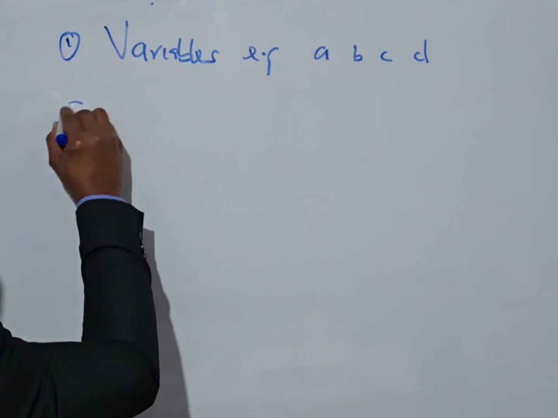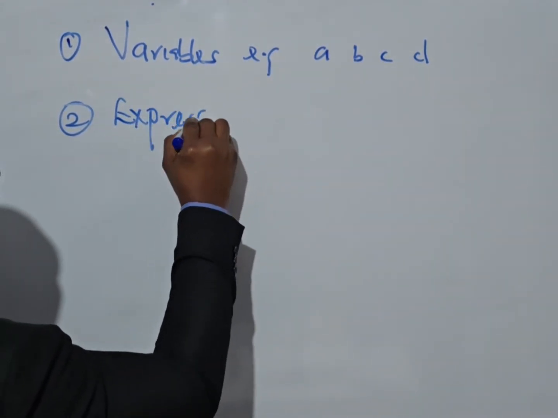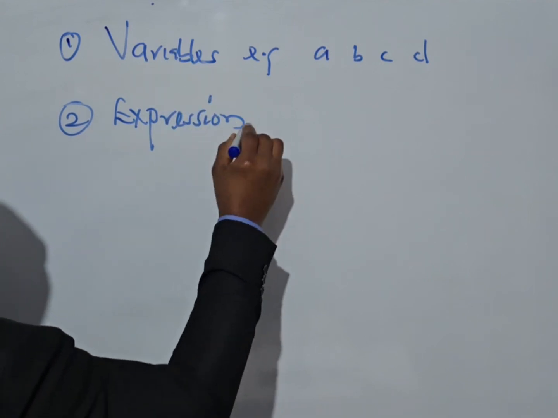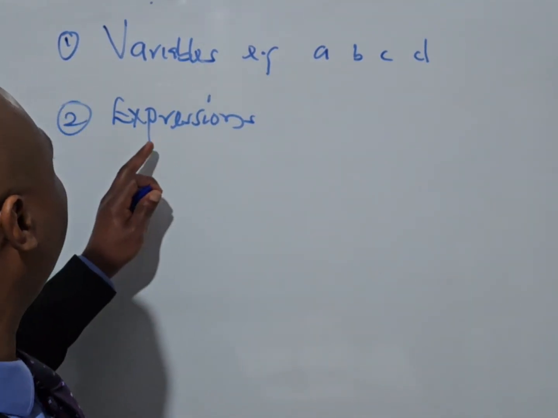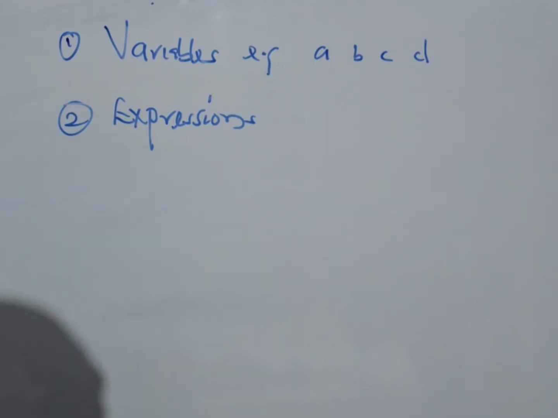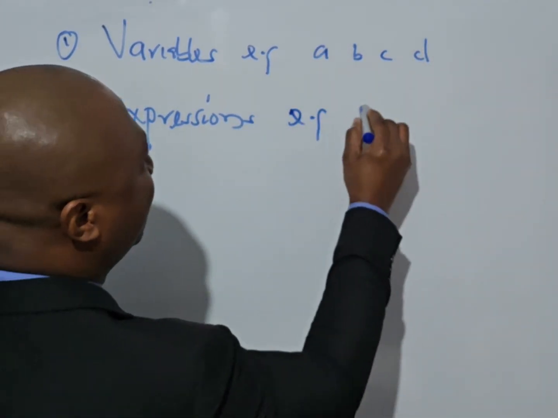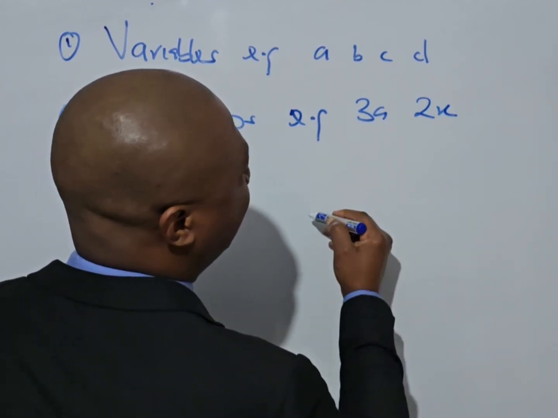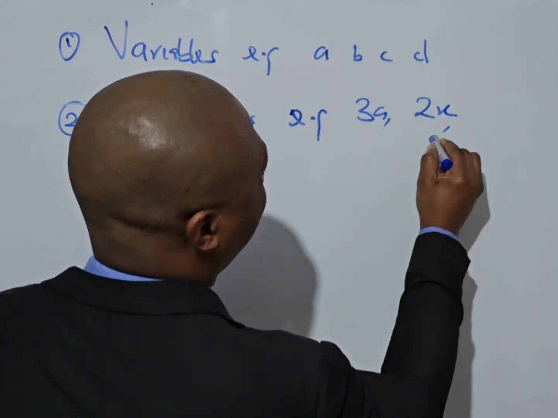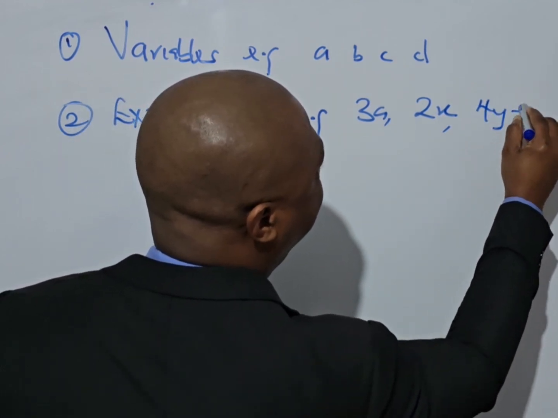Then the second term that I mentioned in algebra is expression. Examples of expressions are 3a, 2s, 4y plus 3.